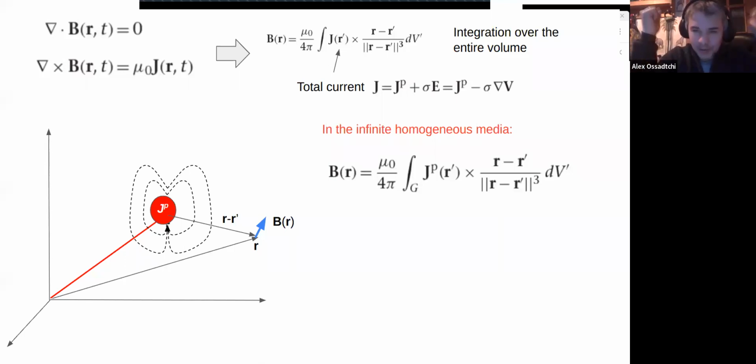But this is true. So if you were to compute the magnetic field due to a current in a piece of wire, in some media with a constant conductivity, then you can simply use this formula, and as I show you, you can even replace this integration by simple multiplication. I'll show you.